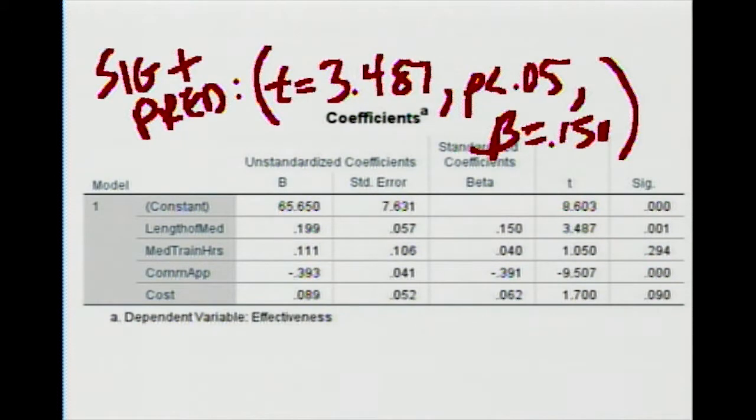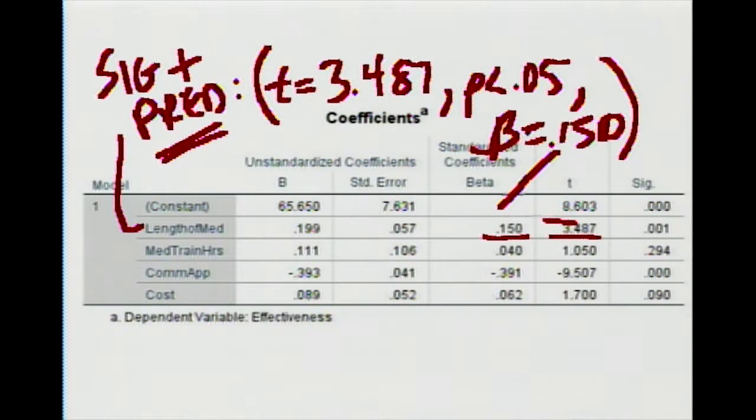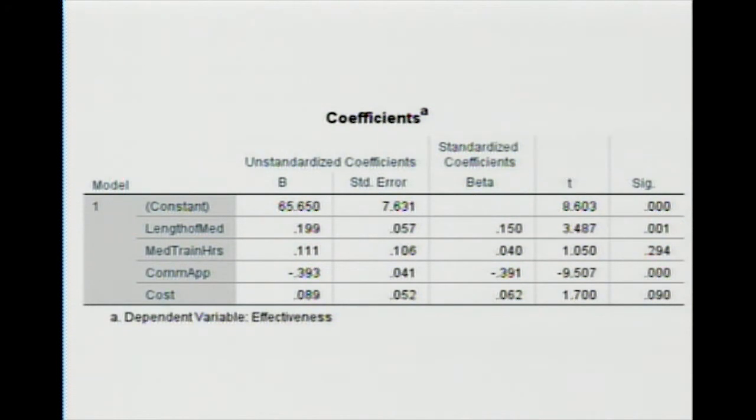And so we would be able to write it up like that. This is the significant and positive predictor, the length of mediation. Here we see the 0.150 is the beta weight, then here we see the 3.487, and here's the significance right there. And so we see where to grab those numbers from. And we would call the length of mediation a significant and positive predictor.